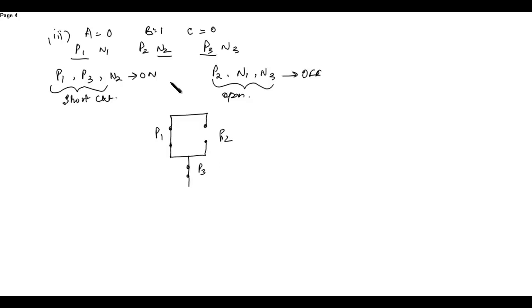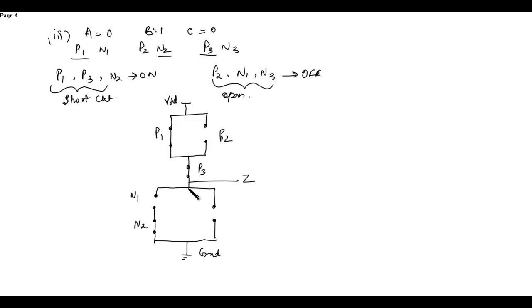This is P3, this is P2, and this is VDD. Now N1 is off, N2 is on. This is N1, N2, and N3 is open. This is ground. This is the output Z.